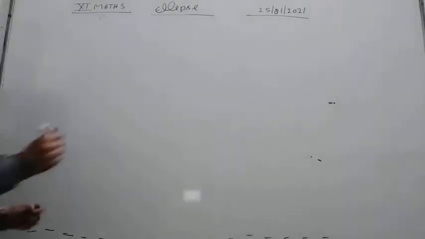Our next question is: find the equation of the ellipse whose axes are parallel to the coordinate axes, having its center at the point (2, minus 3).